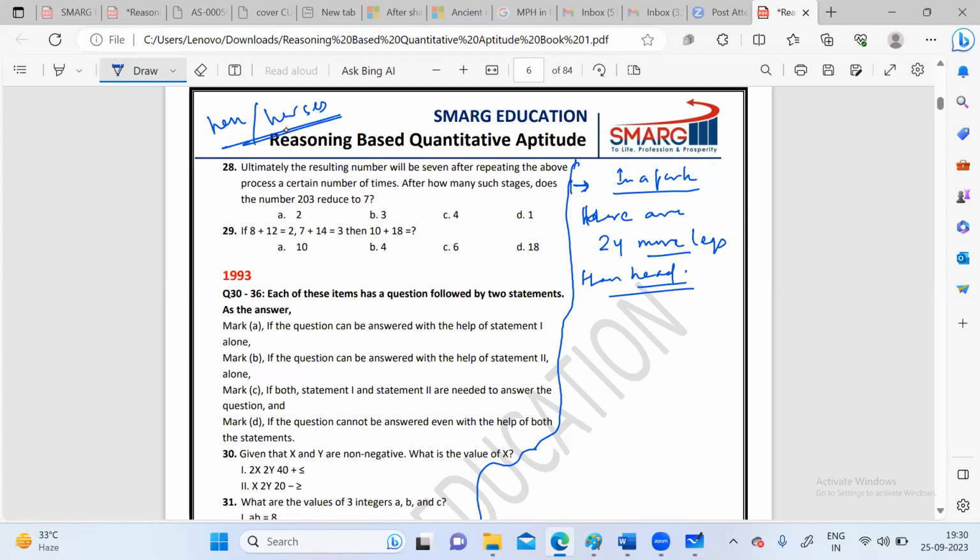So if someone is counting how many legs are there and how many heads are there.